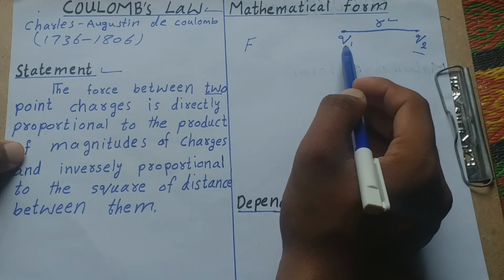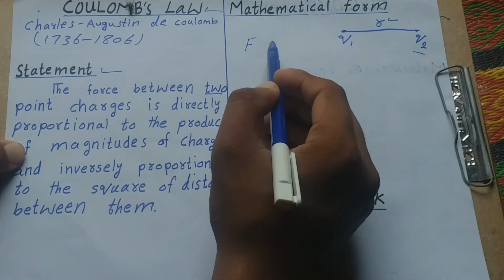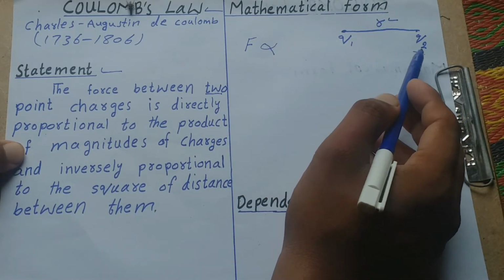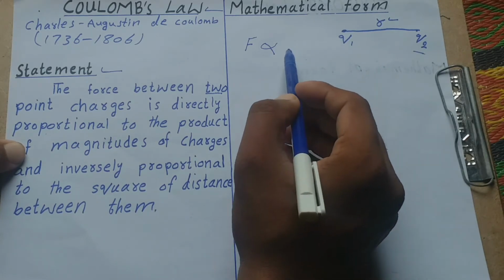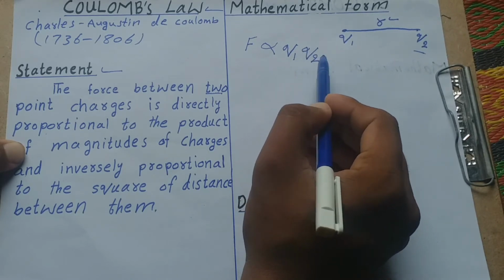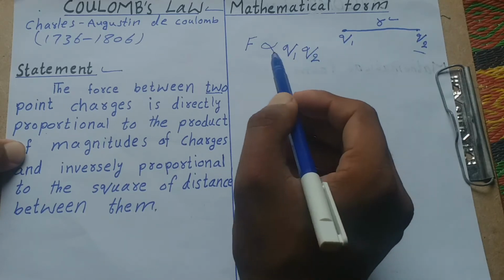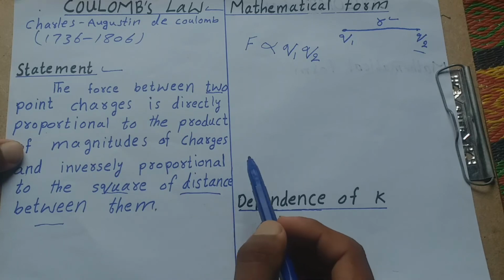First Q1 applies attraction or repulsion on Q2, so the force is directly proportional to Q2, and Q2 again applies attraction or repulsion on Q1, so again the force is directly proportional to Q1. That is the reason F is directly proportional to the product of the magnitude of charges and inversely proportional to the square of distance between them.